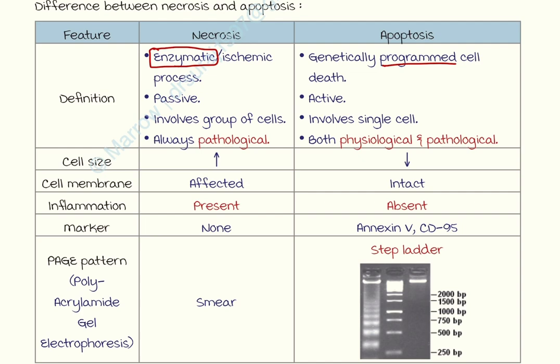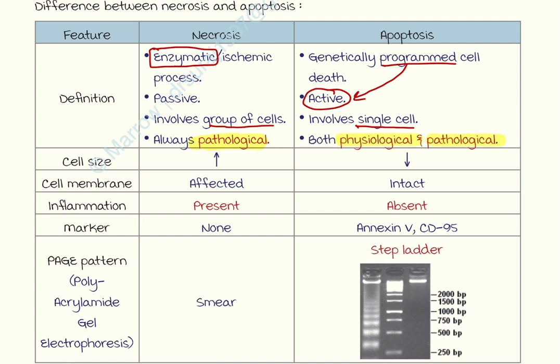As it is programmed cell death, it's an active process, and a single cell is involved. In necrosis, plasma membrane damage happens, so it involves the surrounding group of cells also. Pathological necrosis is always pathological, whereas apoptosis may be physiological or pathological.